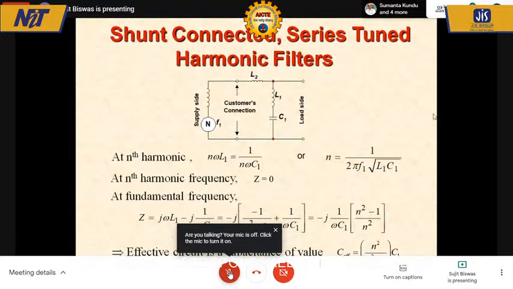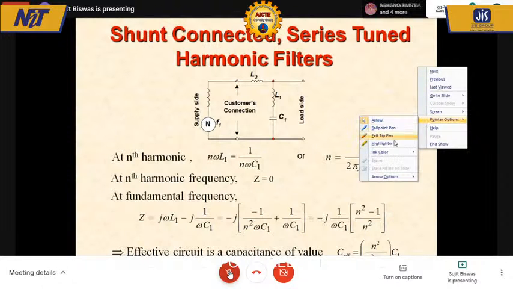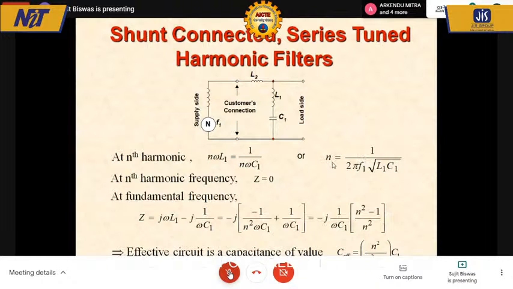I have shown at fundamental frequency it behaves as a capacitor, but actually at any particular harmonic which is lower than the nth harmonic, it will keep behaving as a capacitor. That is something I have already shown here. It behaves as an effective capacitor of a given value.